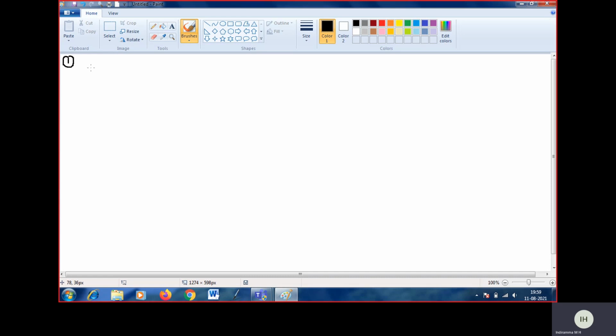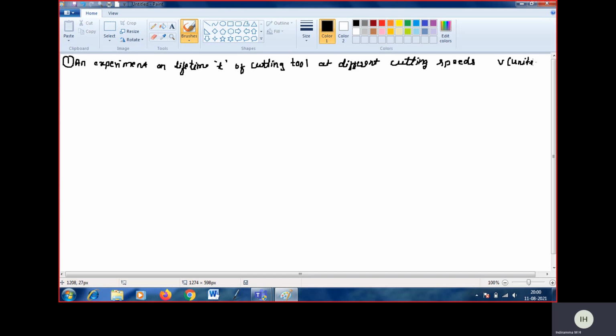An experiment on lifetime of cutting tool, lifetime T of cutting tool at different cutting speeds V in units are given below.